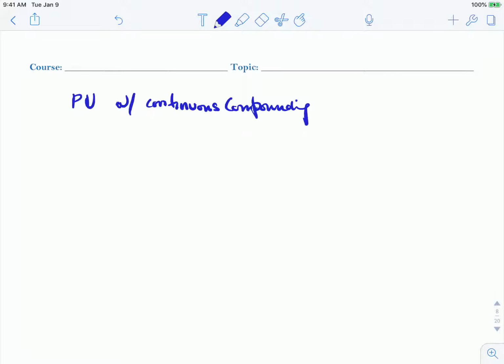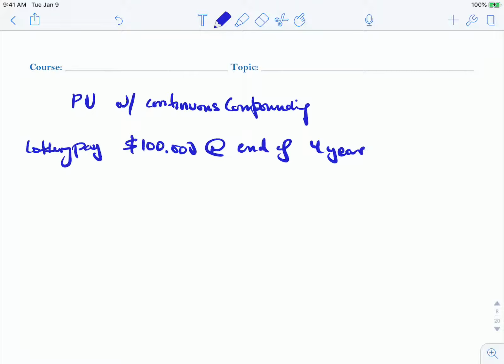So let's say a state lottery is going to pay you $100,000 at the end of 4 years.